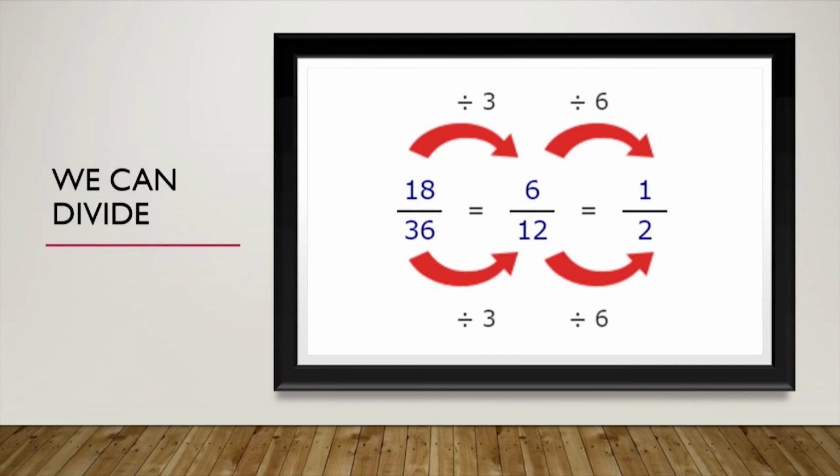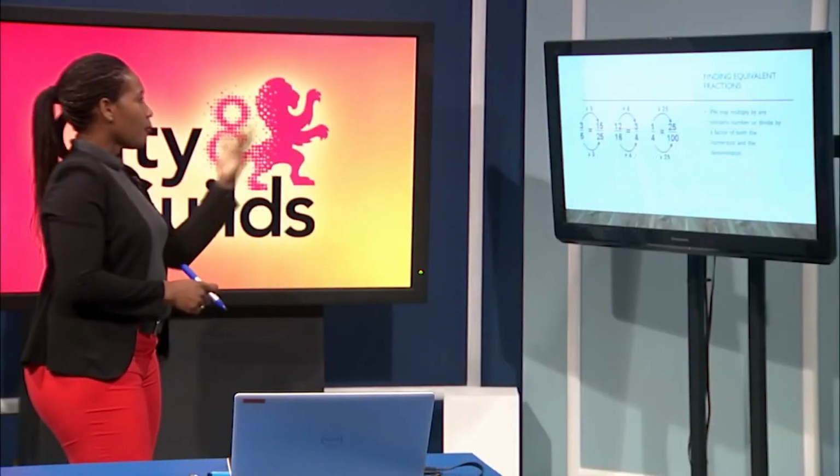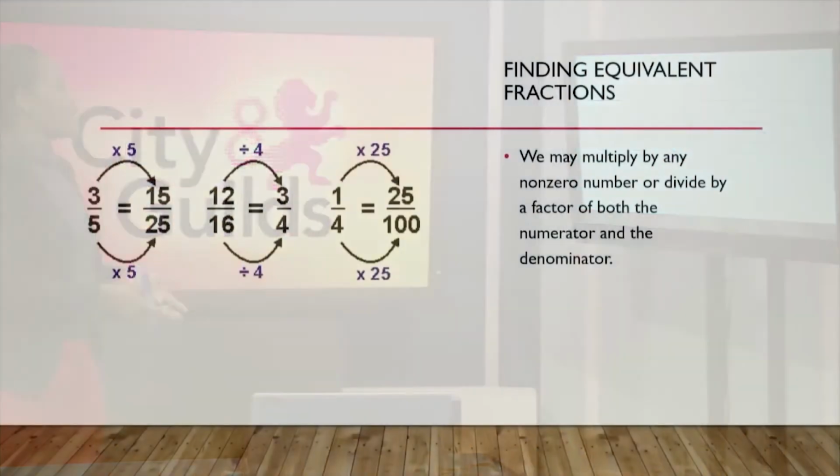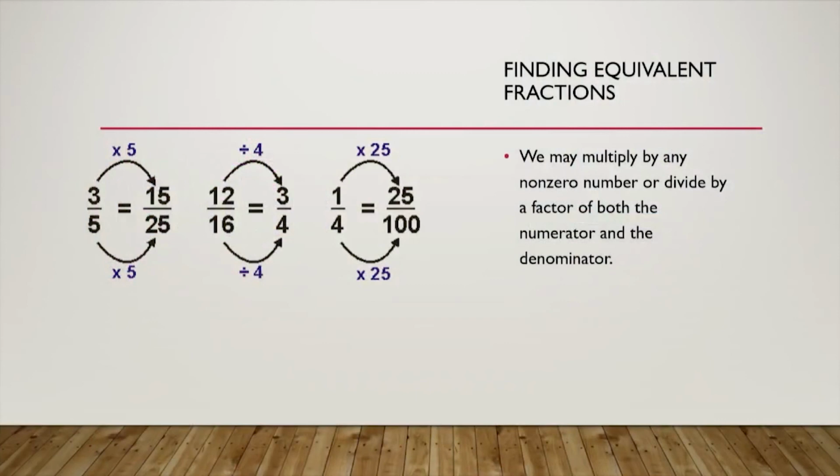If I further divide 6/12 by 6, I will get a half. So what we're saying, 18/36 is equivalent to 6/12, and this is also equivalent to a half. All right. So this is just to summarize. We may multiply by any non-zero number, or we may divide by a factor of both the numerator and the denominator.